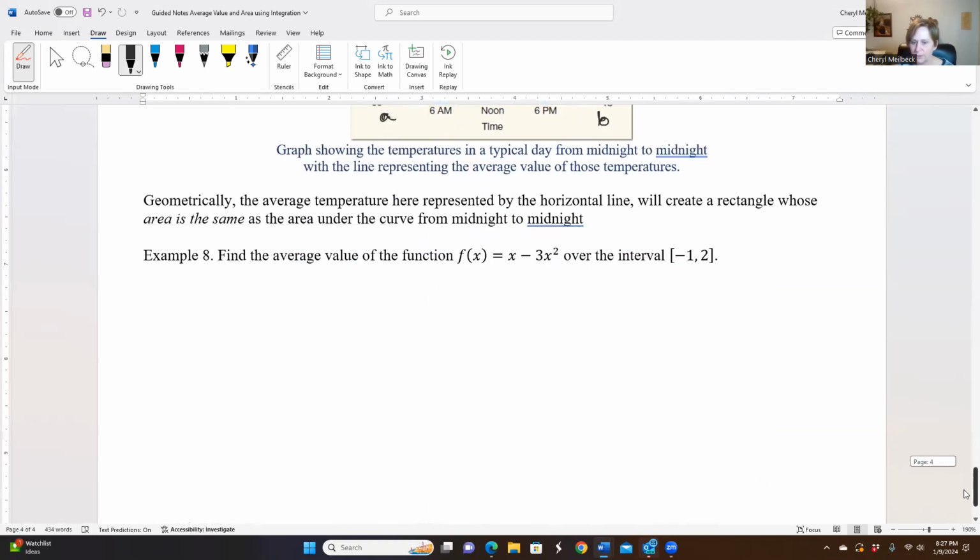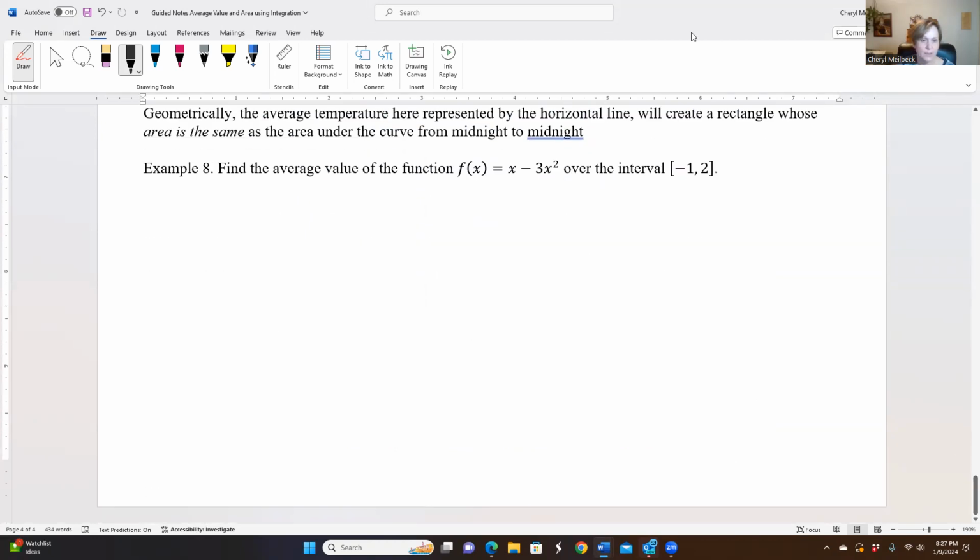Let's give it a try here in example 8. Find the average value of the function f of x equals x minus 3x squared over the interval from -1 to 2. If we use our formula for average value, it's 1 over b minus a times the integral from a to b of the function.